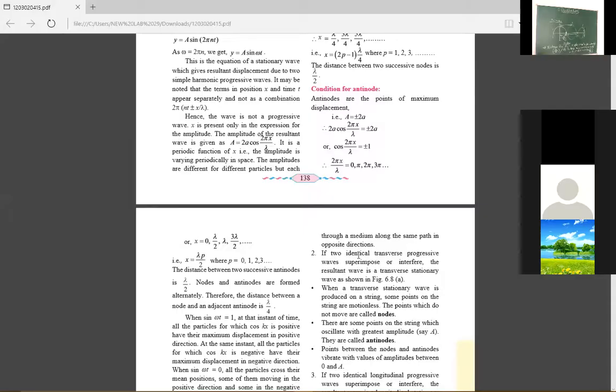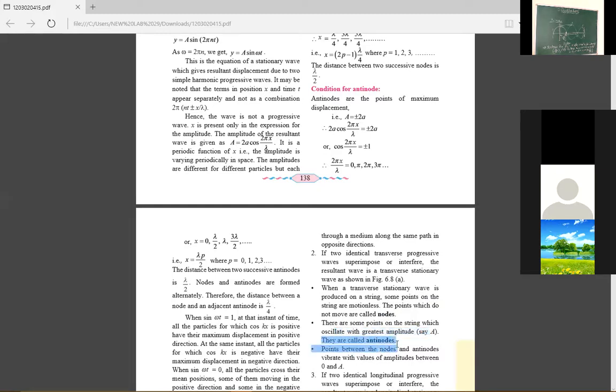Again, coming back to that point only. Here they say that some points on the string are motionless. Those points are called nodes. And some points have the greatest amplitude, that means maximum displacement.